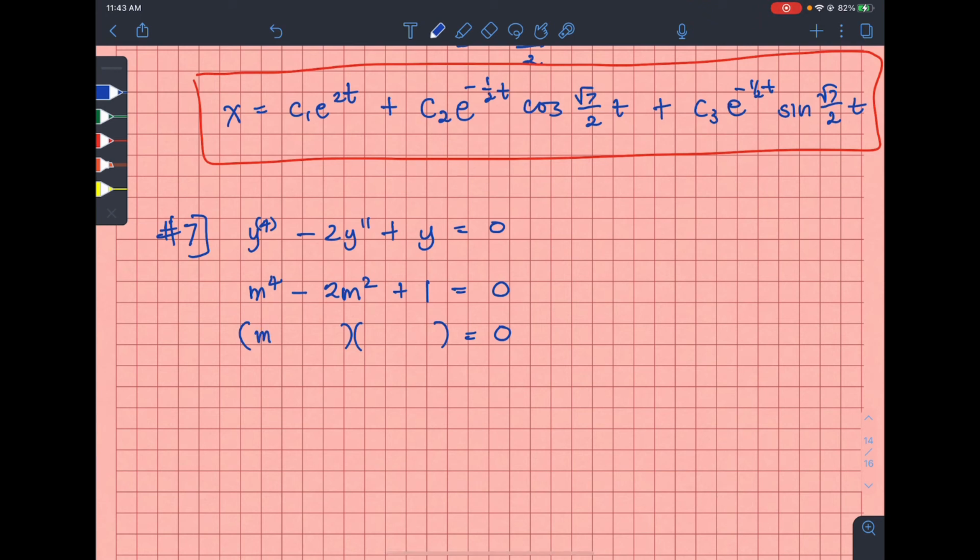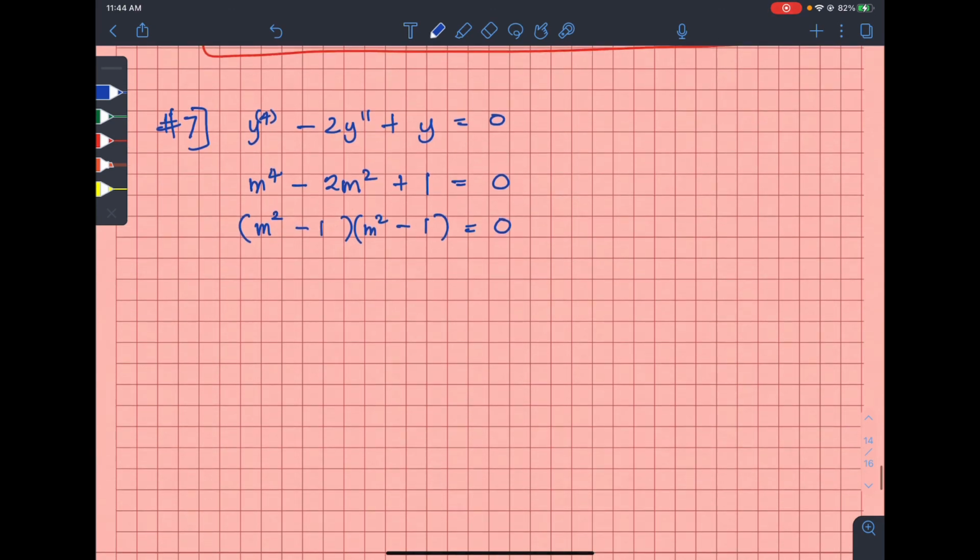So this is m to the fourth is m squared and m squared. And I could have a negative 1 and a negative 1 there. Negative 1 plus negative 1, so that would be negative 2m. Okay? And then, this is repeated.